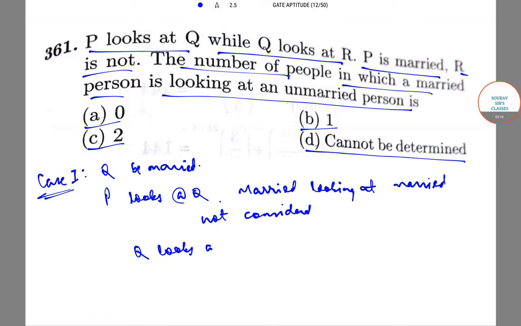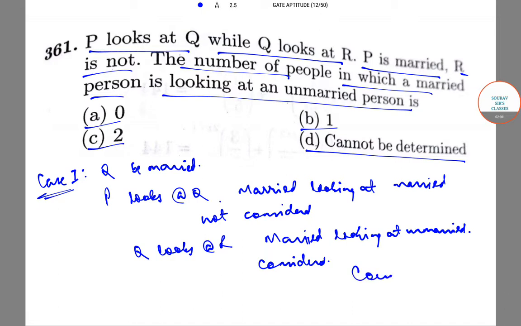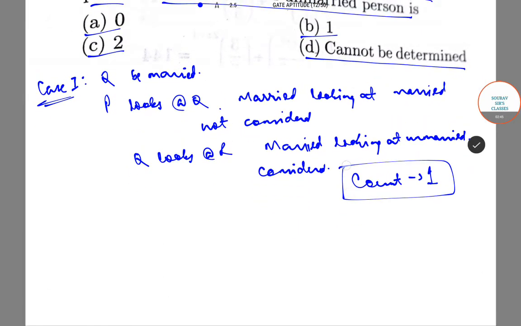Q looks at R, married, looking at unmarried. This is considered. Therefore, the count is 1.